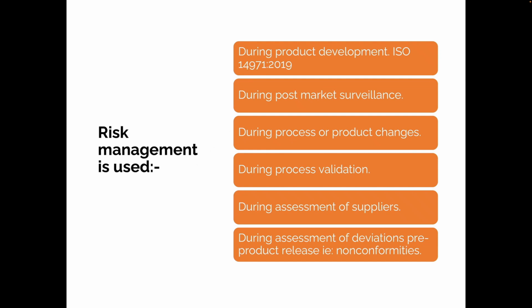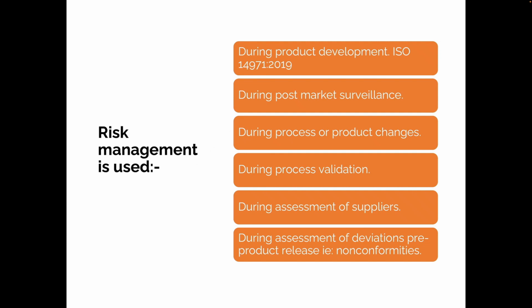Process validation involves a degree of risk assessment when you go through any validation exercise. When you assess suppliers, whether critical suppliers, key suppliers or single suppliers, you really are using risk management in assessing those suppliers.